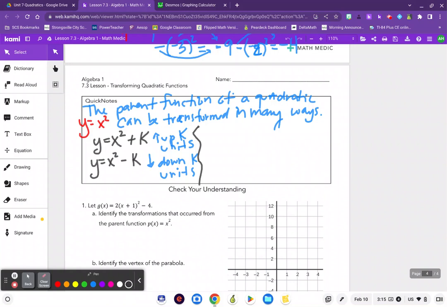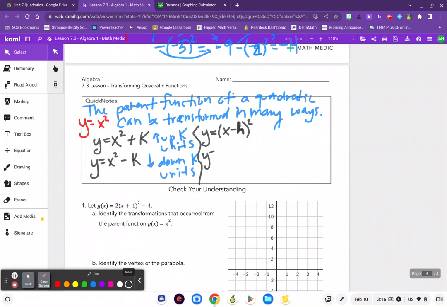Other things I can do is I can shift left or right. And so if we have y equals, remember the shift left or right though comes from being inside parentheses. So let's say I have y equals x minus, we're going to call this h, so instead of k, we're going to say h, squared then on the outside.